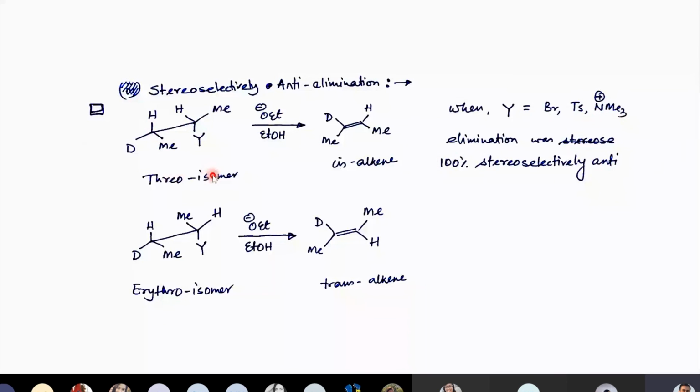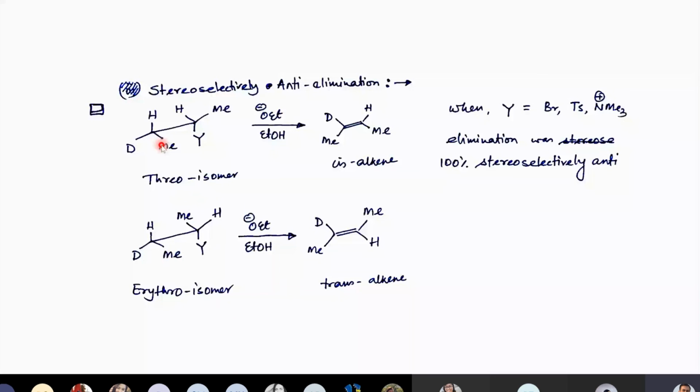One is the threo isomer, where these two methyl groups will be on the same side. That is the threo isomer. I hope you know these isomeric nomenclatures. And the erythro isomer, where these two methyl groups will be on the opposite side. In the threo isomer, the higher priority groups will be on the same side. In erythro, the priority groups will be on the opposite side. Okay.